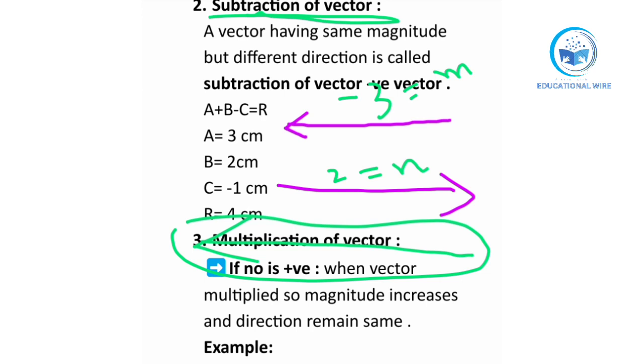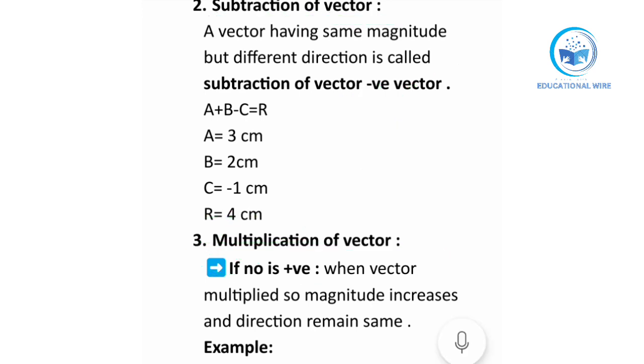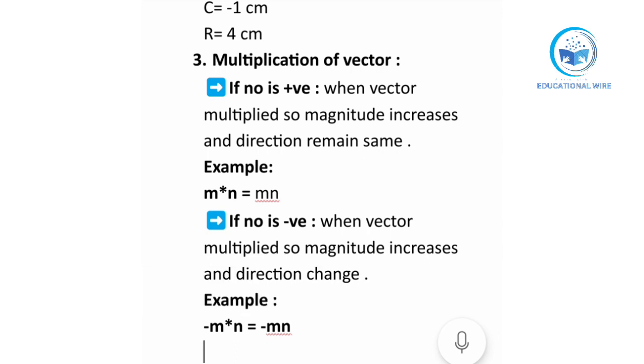So here the magnitude will also change and the direction will also change, so it's called the negative vector of multiplication. Let's move further with the last point, that is division of vector.